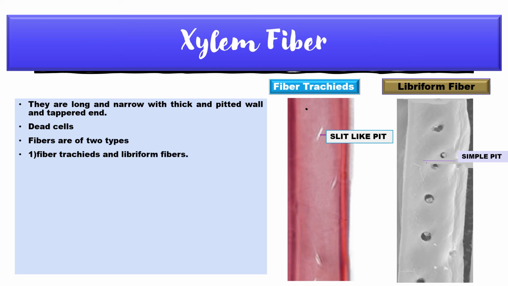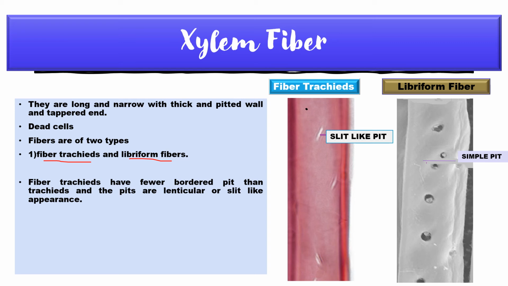Fibers in xylem are of two types: fiber tracheids and libriform fibers. These are a little different from each other. Fiber tracheids contain fewer bordered pits, which are reduced to slit-like structures or lenticular in appearance.